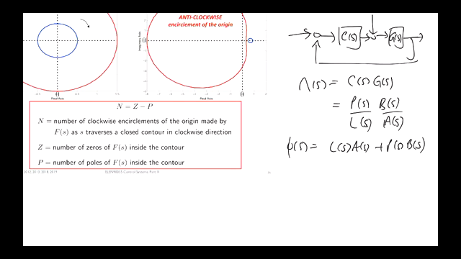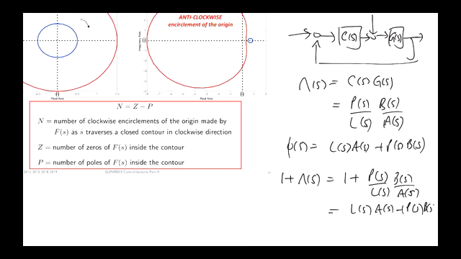Let's look at this function here. This function is 1 plus P(s)/L(s) times B(s)/A(s), which is L(s)A(s) plus P(s)B(s), divided by L(s)A(s).